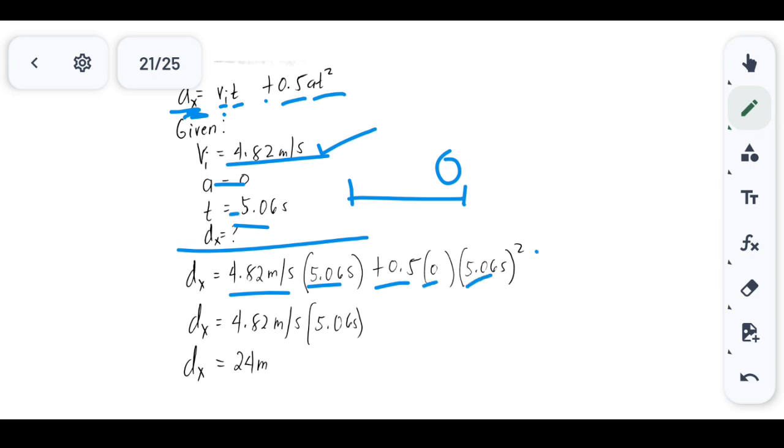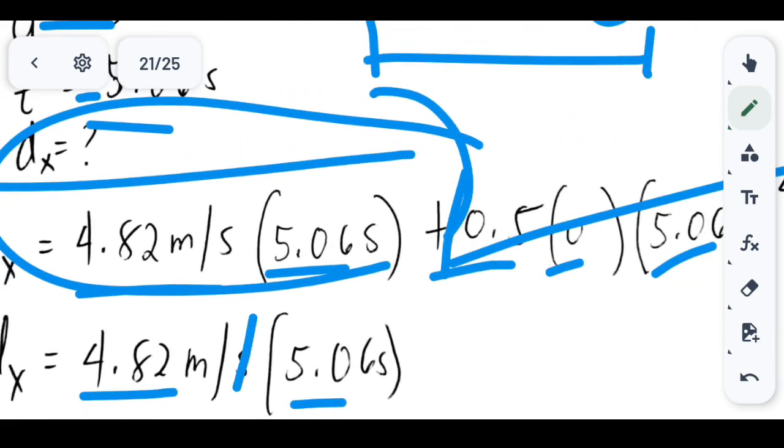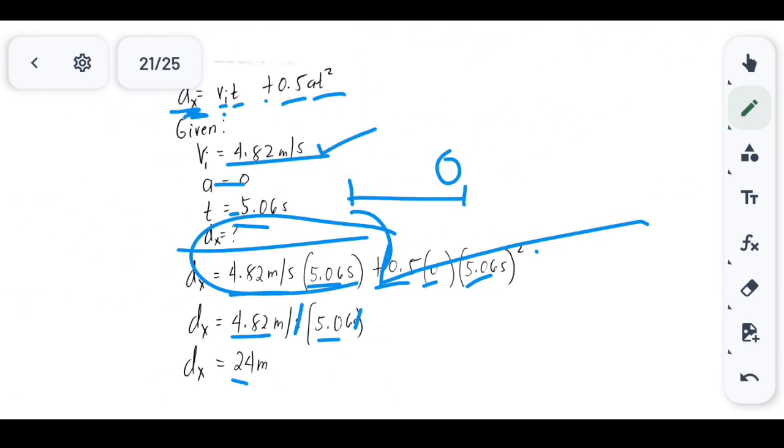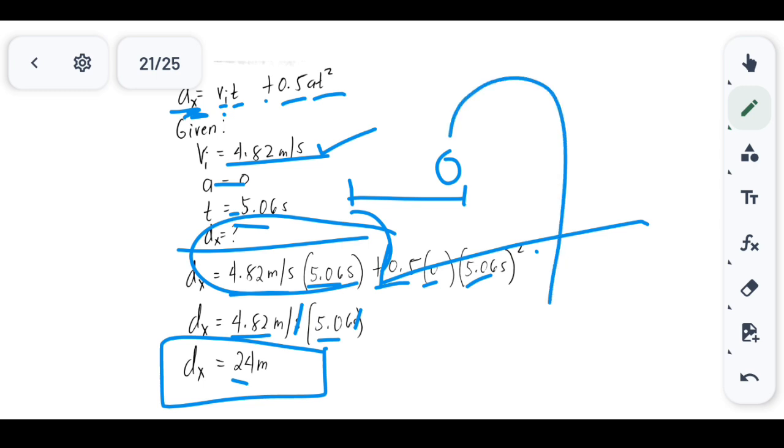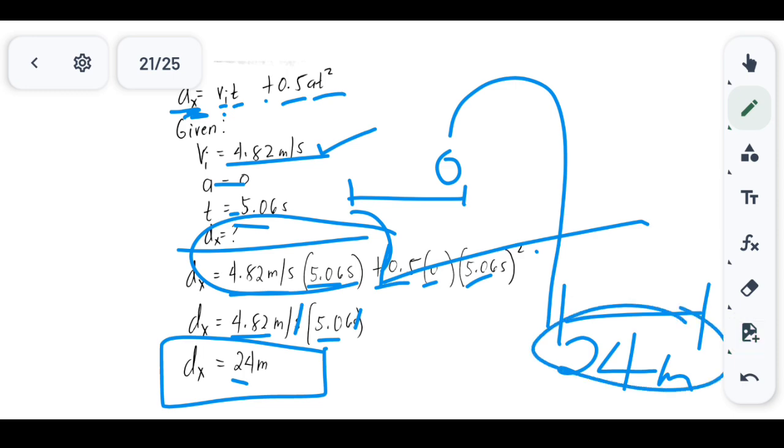So, this part will cancel because it is a product, multiplication. So, cancel that. You are left with this one. 4.82 times 5.06, you have 24, and then for our unit, denominator and numerator, you are left with the meter unit. So, the distance of the rock from the edge of the cliff is 24 meters. So, that is the answer to number 2.